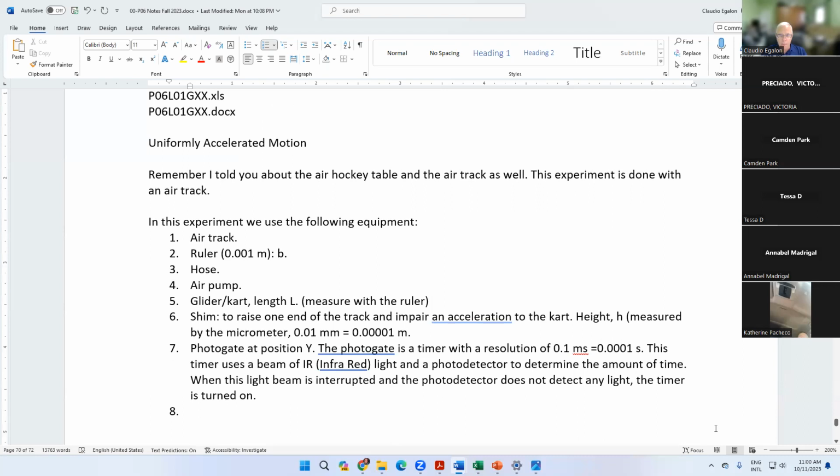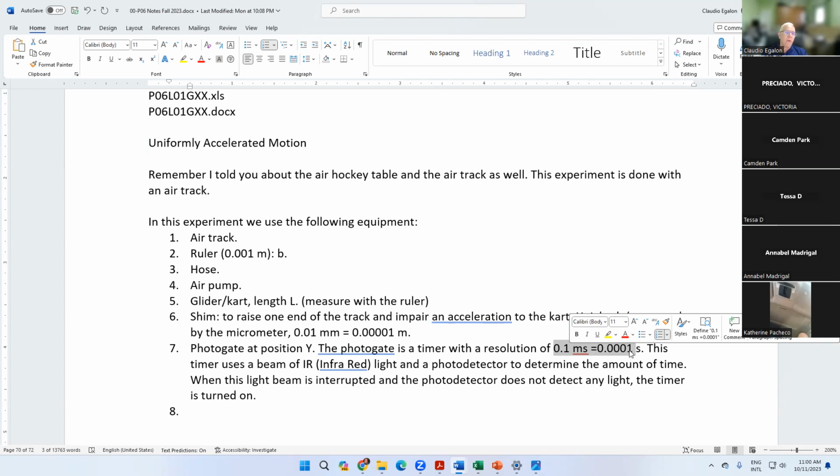Okay, and it has a very good resolution. It's better than the resolution that people use in Formula One cars. If you watch Formula One races, the timer that they have in there is 1,000th of a second. This one is 10,000th of a second.